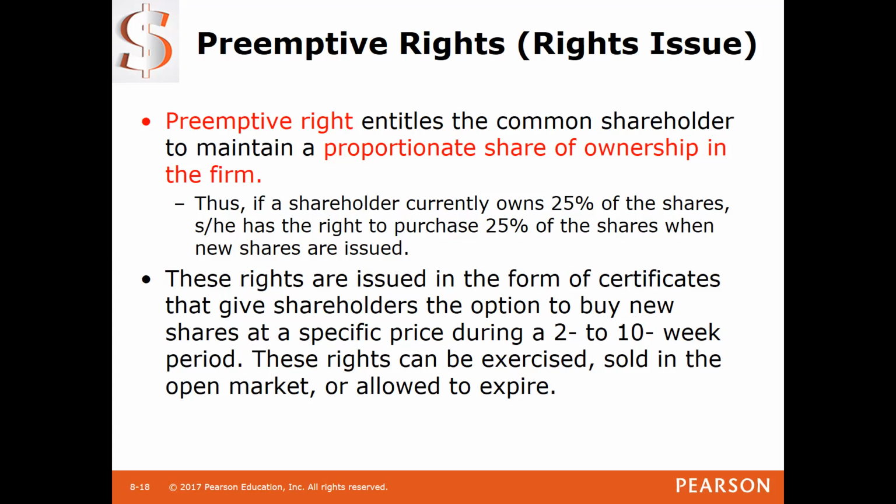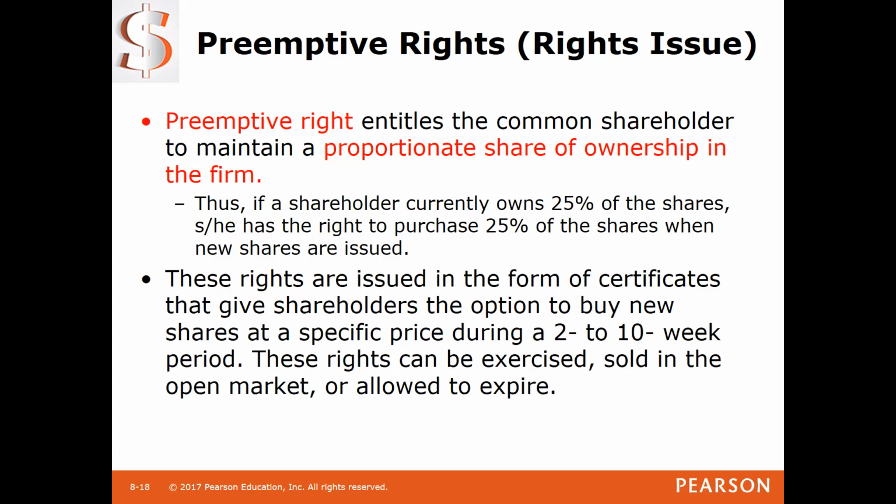So if the company chooses to raise additional capital from the market by issuing new shares, we will be entitled to buy 25% of the new shares. Why? Because we already own 25% of the existing shares. As a result, we have the right to claim 25% of the newly issued shares.